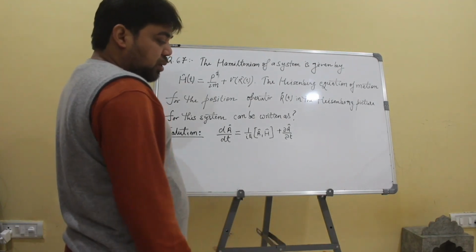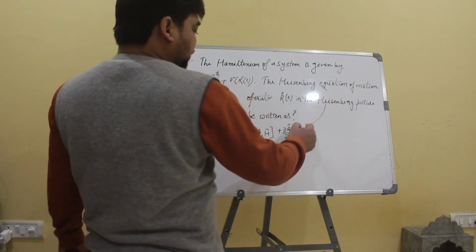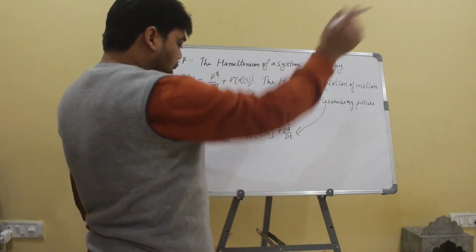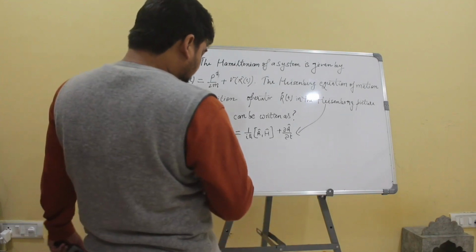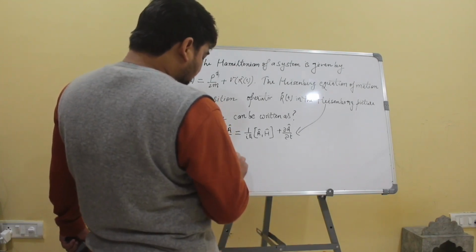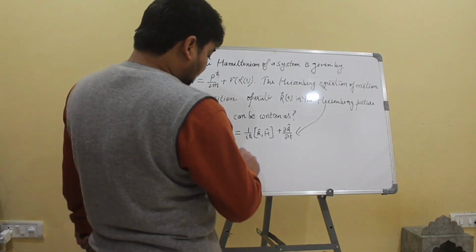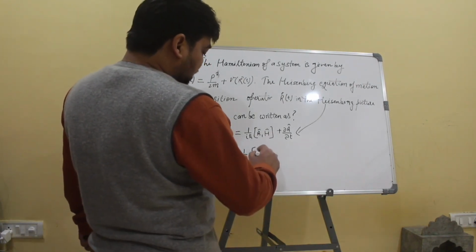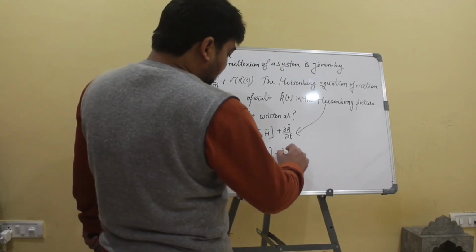This is called the Heisenberg equation of motion. So now, as we are dealing with a position operator, let us write its equation of motion: dr by dt equals 1 upon i h cut times the commutator of r and H cap, plus del r by del t.